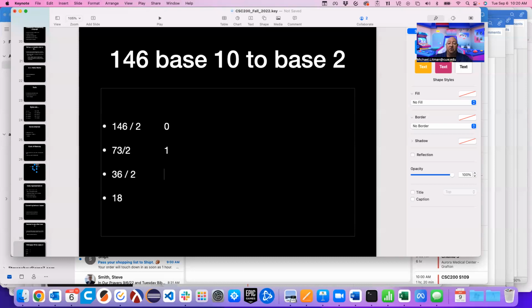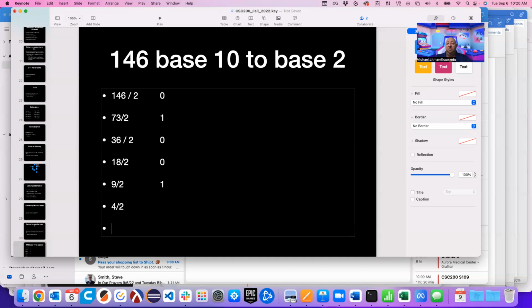So we have a remainder of 0 to get us to 36. 18 divided by 2 is 9. 9 times 2 is 18. Remainder 0. 9 divided by 2 is 4. 4 times 2 is 8. It takes 1 more to get to 9. So we have a remainder of 1.